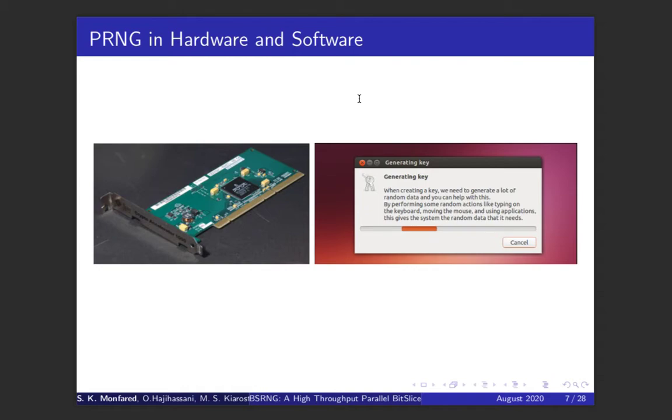And further to the right, you can see the random number generator in the Ubuntu OS, which interestingly requires the user to type on a keyboard or move the mouse as the source of randomness to generate a bigger random number sequence.